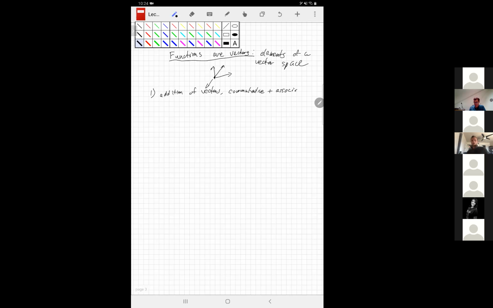Basically, it doesn't matter what order we do our addition in. We have multiplication by scalars, and those scalars have to obey a few properties that we're not going to worry too much about, except to say that the real numbers and the complex numbers both satisfy those properties.